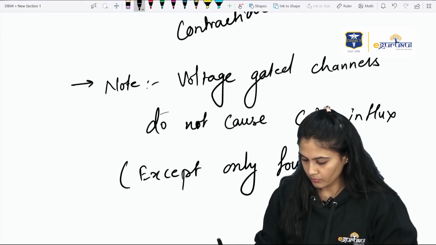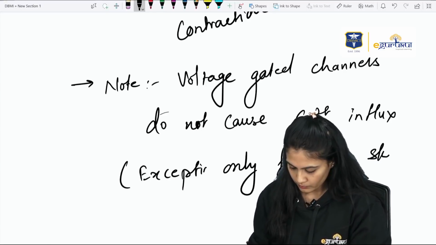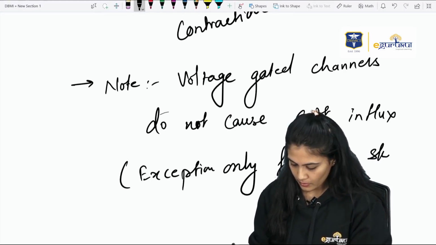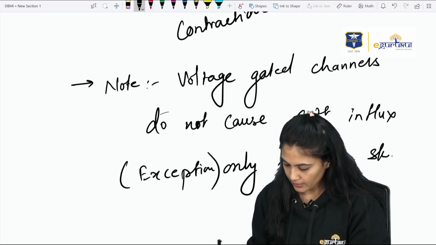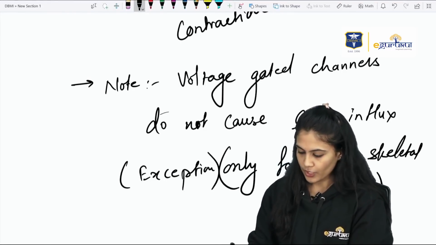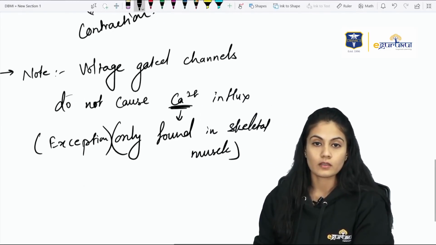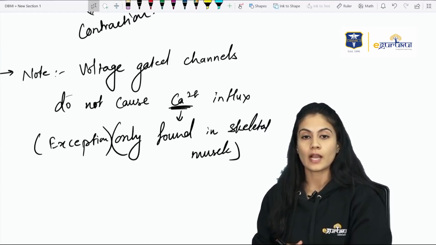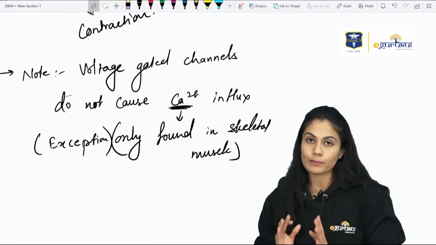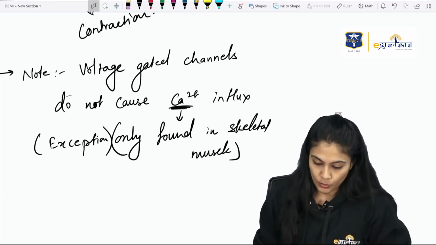This is the exception, which is only found in the skeletal muscle. This is one of the major exceptions, and it was already asked in the AIIMS exam as an assertion and reasoning question, right?